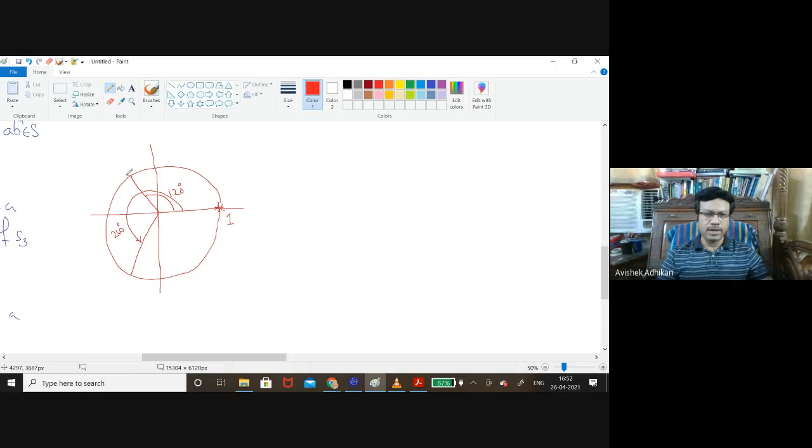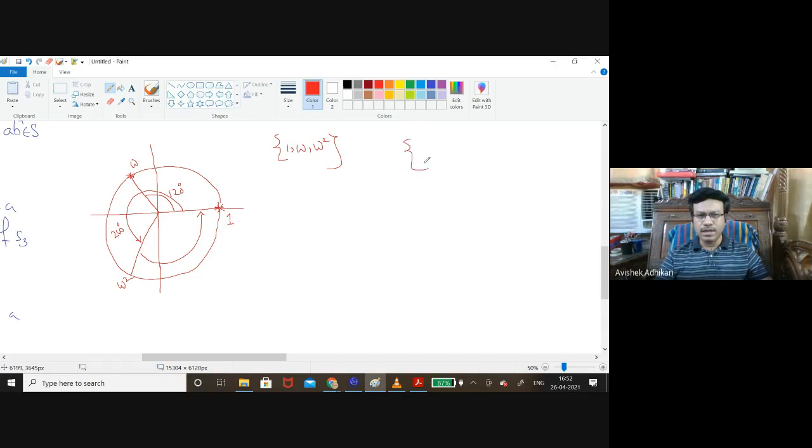So this is my omega and this is my omega square. Now if you again multiply with omega, it will become 1 here because again 120 degrees, that means 360 degrees. As a result, it will come back to 1. So now geometrically it's quite clear to you.